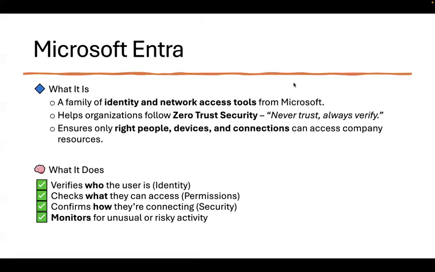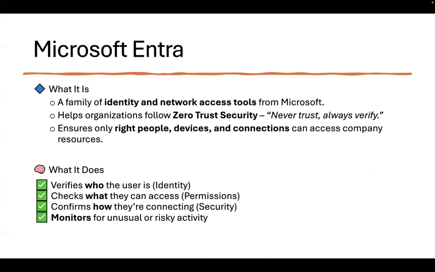So what is Microsoft Entra? It is a family of identity and network access tools from Microsoft. Basically, it will check the identity and it allows the network resources. It can be a laptop or desktop or VM to access the resources in the network. And it helps organizations follow zero trust security.